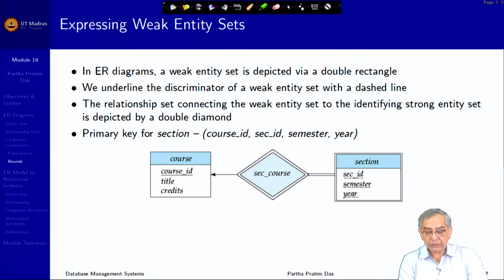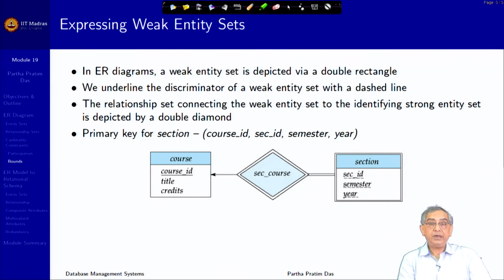So, we know that section is a weak entity set, course is a strong entity set, sec course is a relationship from section to course to define the weak entity set properly. And you see that between sec course and section the connecting line is a double line. What does it mean? That this has a total participation. So, now all of these conditions have been satisfied.